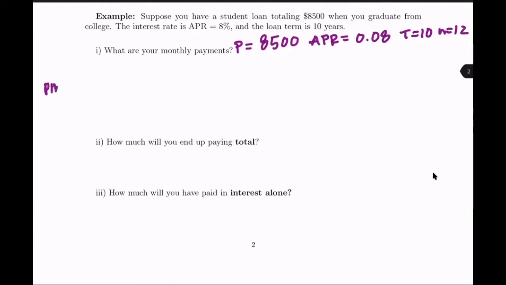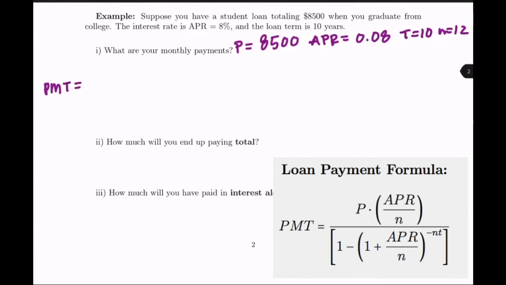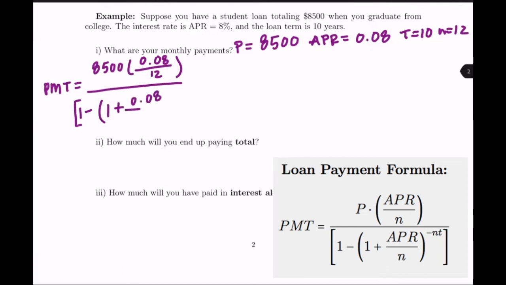So we have PMT is going to be equal to 8,500 times 0.08 divided by 12, all divided by, big bracket, 1 minus, parentheses, 1 plus 0.08 divided by 12 to the power of negative NT, so negative 12 times 10 is negative 120.